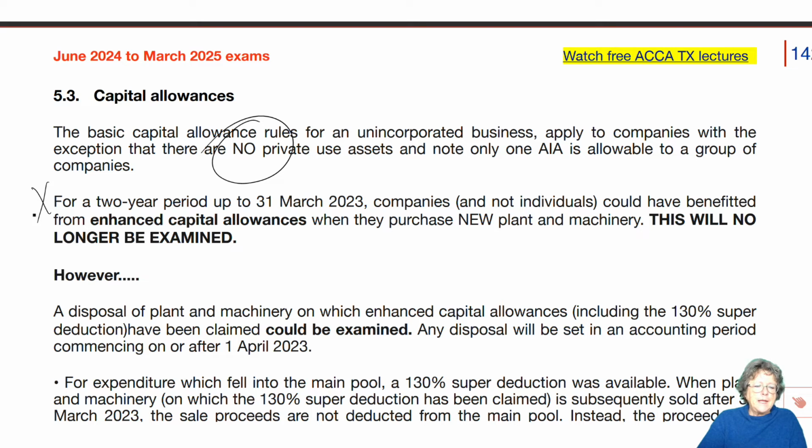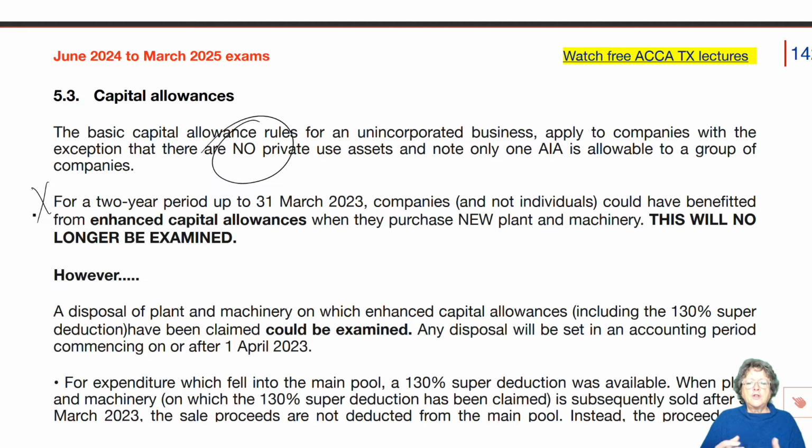So that was 130% of any expenditure. They were trying to incentivize companies to buy capital assets in their business. And instead of just giving them AIA, which was 100%, they were giving them a super deduction of 130%.